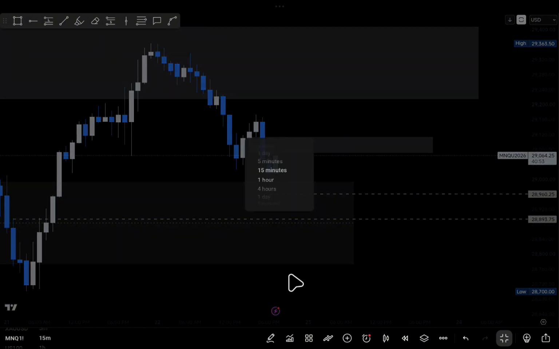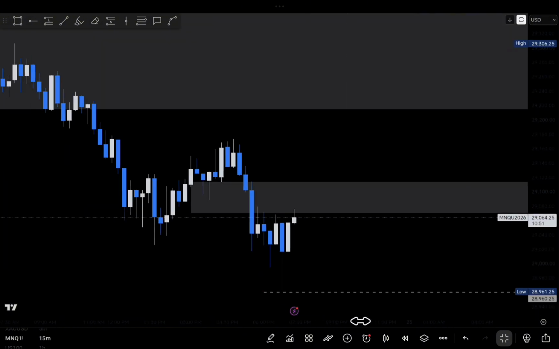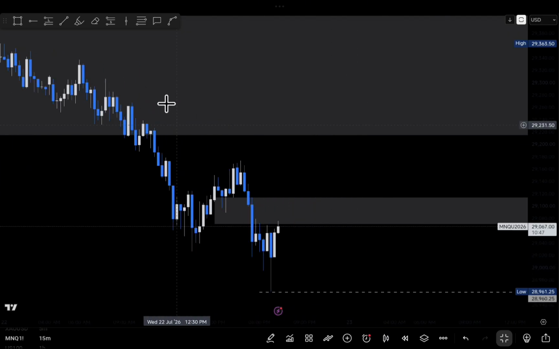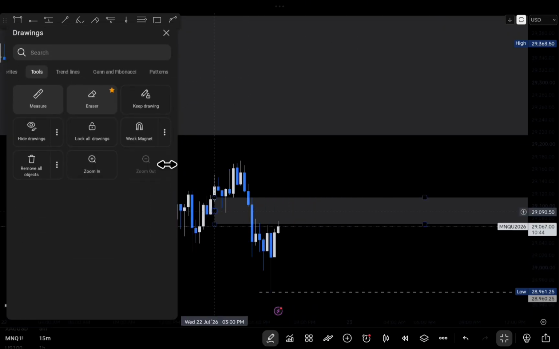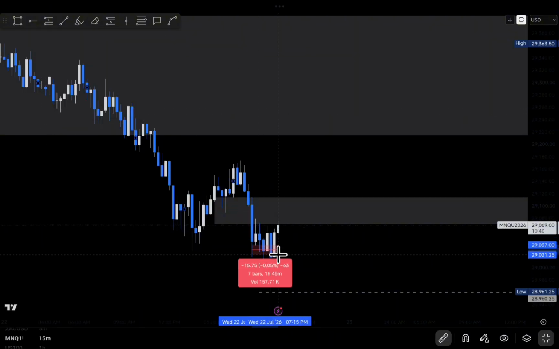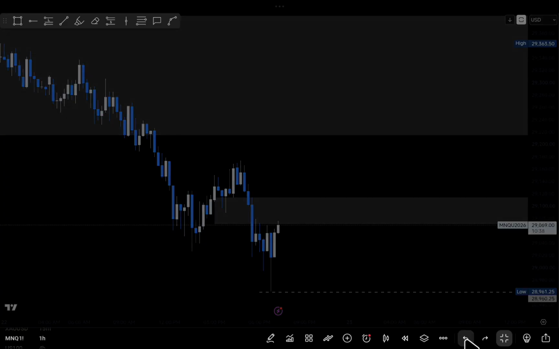Now let's take a look at the M15. Overall, it just seems like for the last couple of hours it has been ranging in this area, almost like 2 hours.